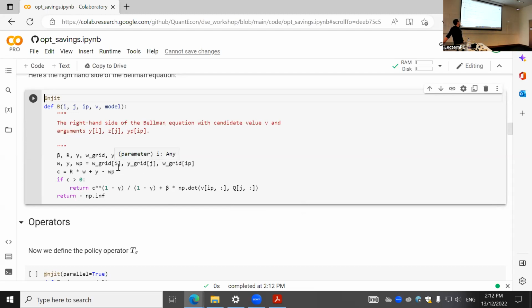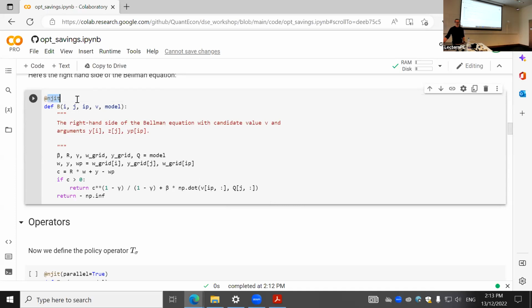I take as given current wealth and current labor income, and I'm going to choose next period's wealth, which is effectively choosing how much I save and how much I consume. And then I get utility from consumption. And then this is discounted continuation value, given the current guess of the value function.